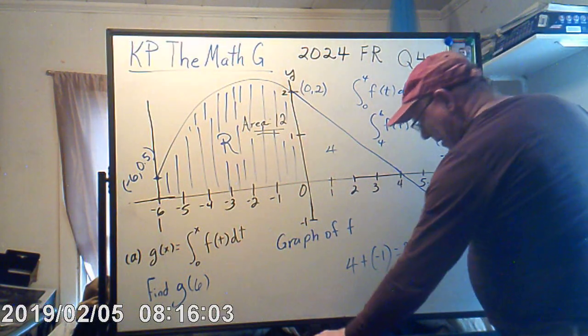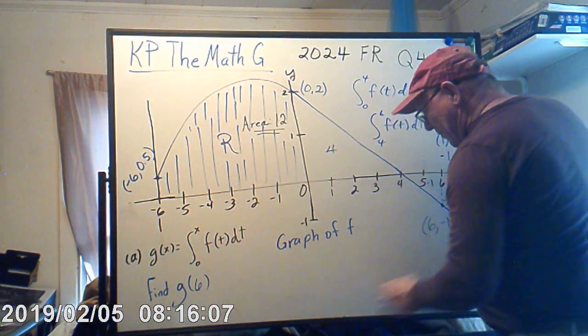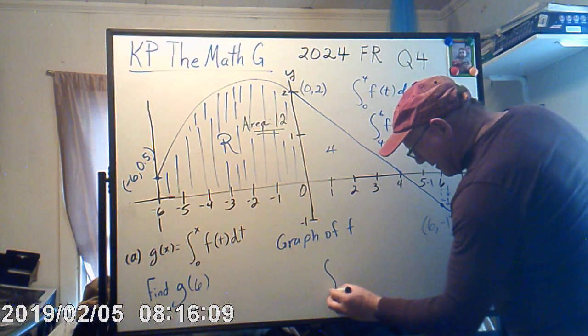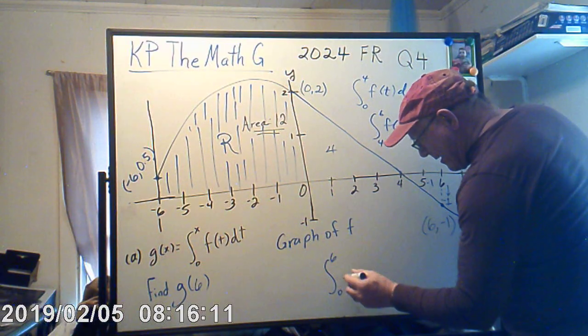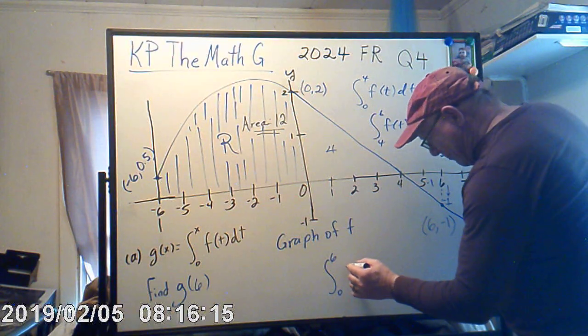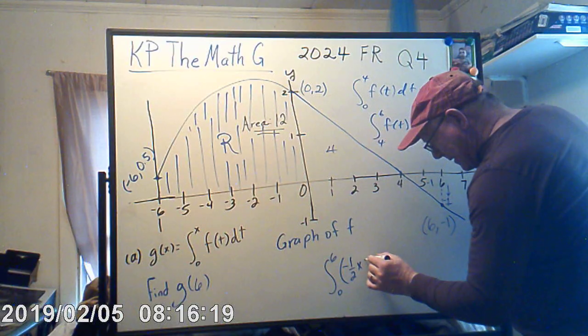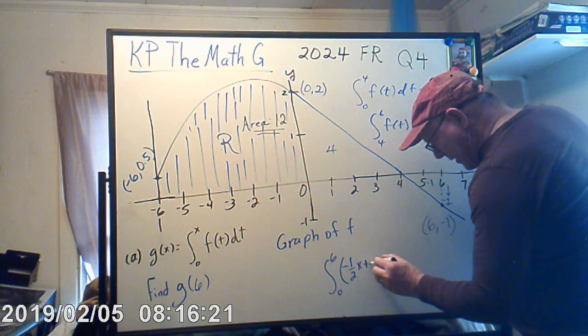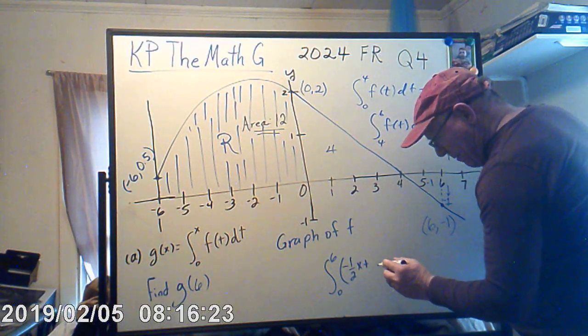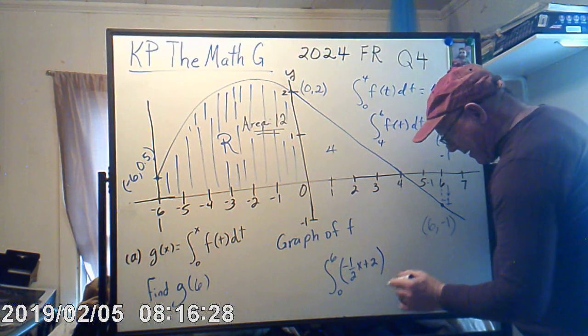And by the way, it will work if you were to go from 0 to 6 and you did the equation that we had a while ago, negative 1/2 x plus 2.